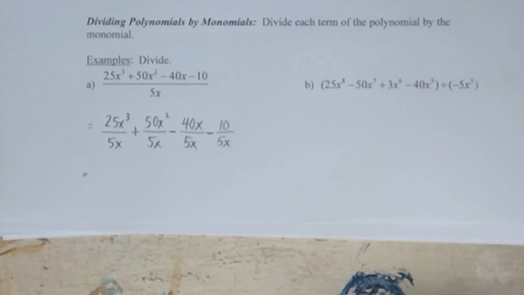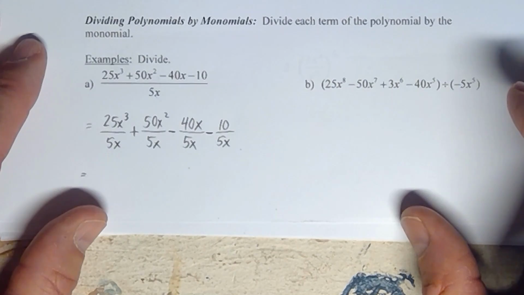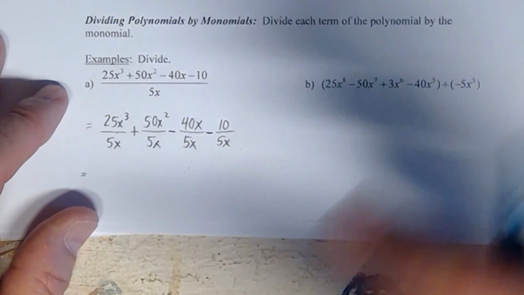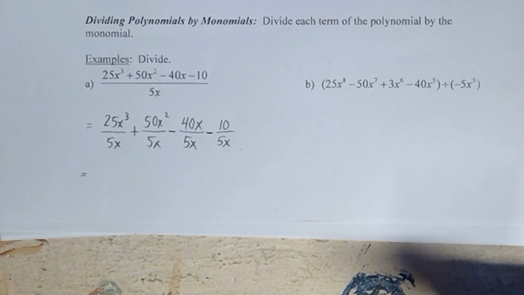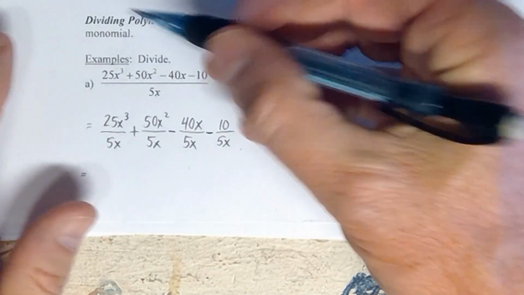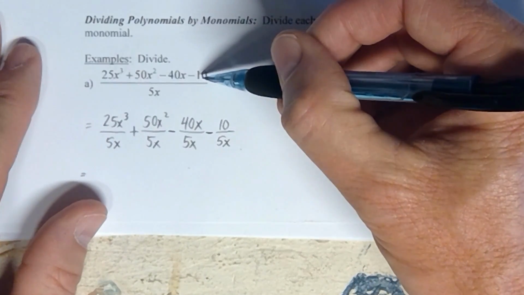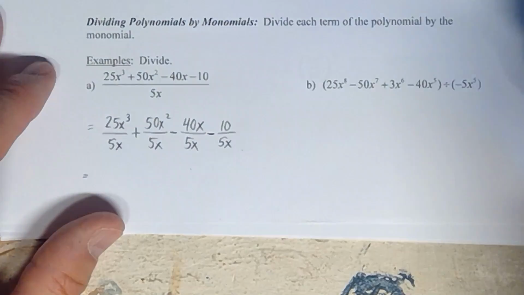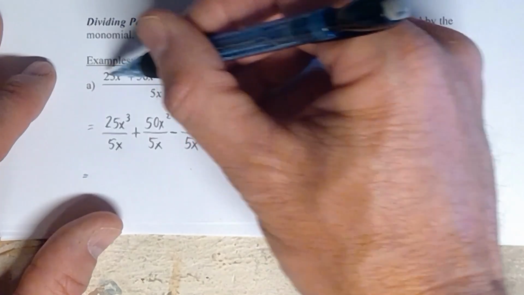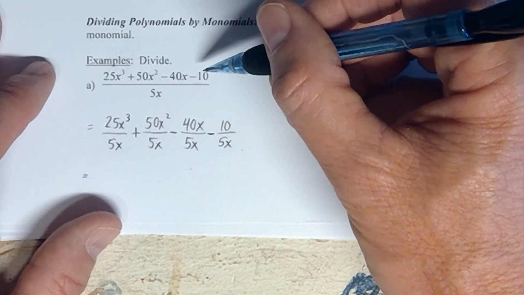So what do we do with all of this? I want to really make something clear here: when you have a polynomial divided by just a single term, no parentheses or anything, that's sometimes different. But when you have the brackets, that's a discussion for a different video.